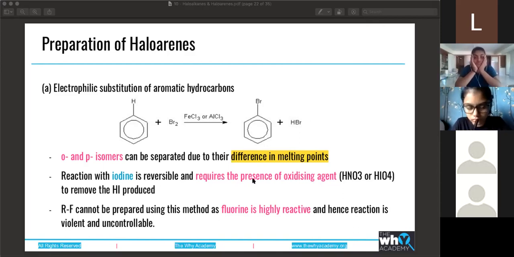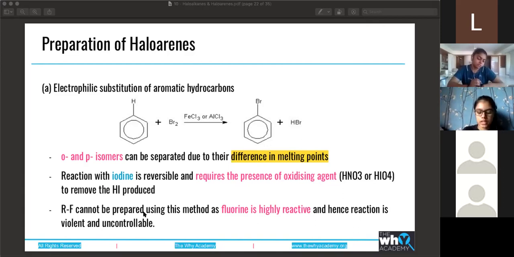That is the reason it requires the presence of an oxidizing agent, so that the oxidizing agent will remove the HI that is produced. Commonly used oxidizing agents are nitric acid, a pretty strong oxidizing agent, or HIO4. I forgot the name of this. It's not hypoiodic, I think it's iodic acid, but yeah. So either nitric acid or HIO4.